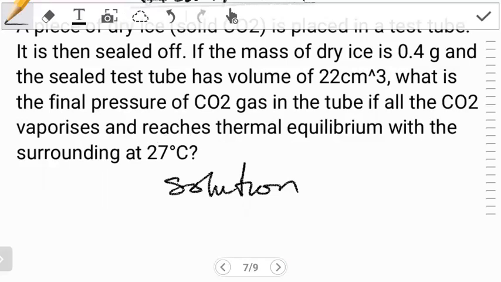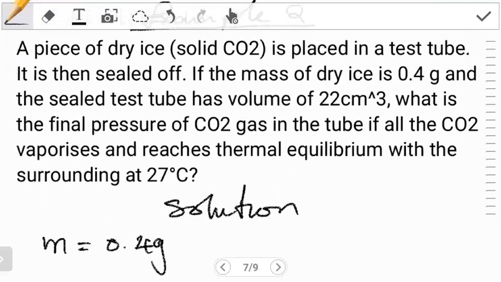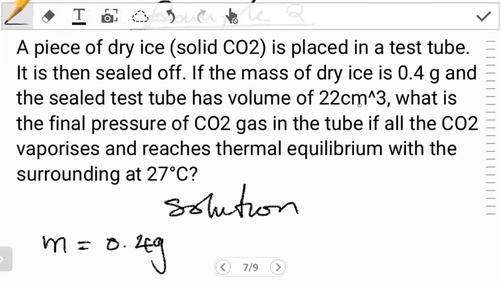So what are they giving us? Well, they're saying we have the mass of this dry ice, which is 0.4 grams. And apart from that, they're saying that this gas is carbon dioxide. And next up, we're being given other details, like it's put in a test tube whose volume is 22.